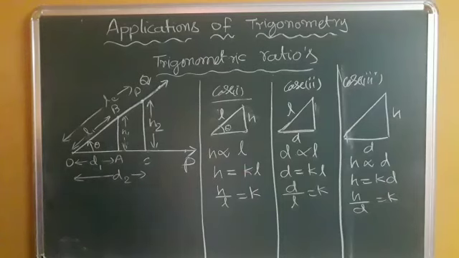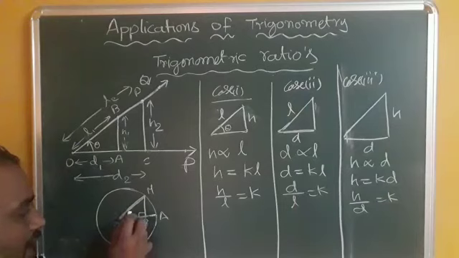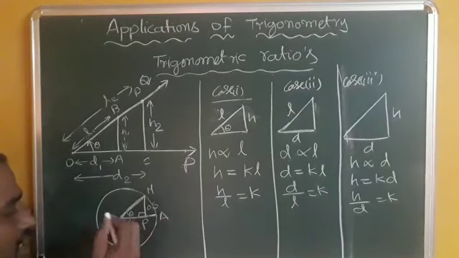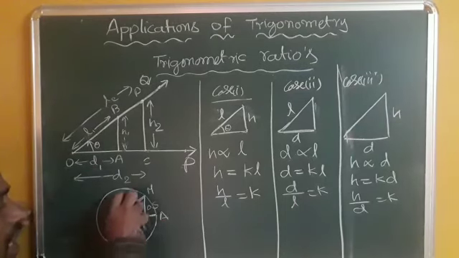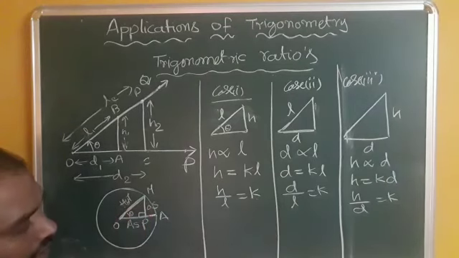Here, what is the constant K? Let us take a circle with radius OA and OP. Draw the perpendicular PM to OA, with angle theta. PM is the opposite side, OM is the adjacent side, and OP is the hypotenuse.